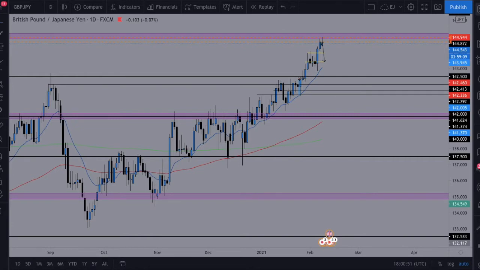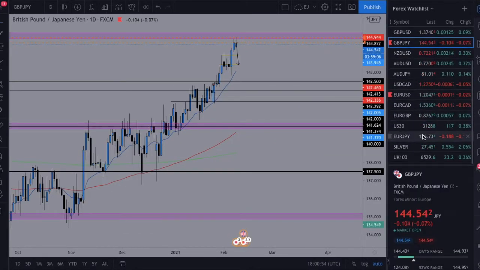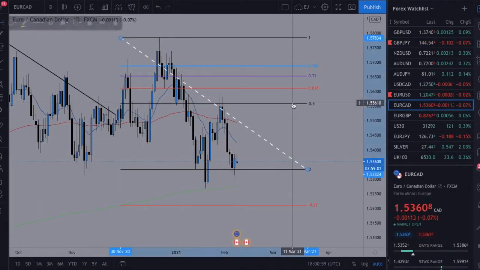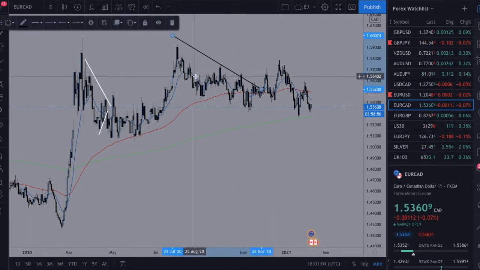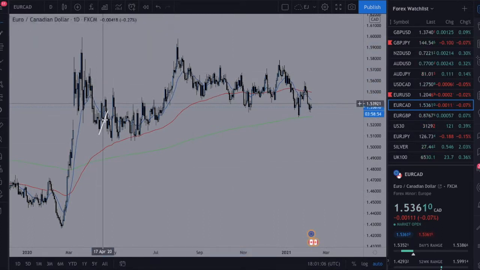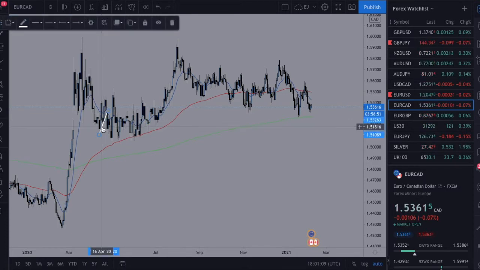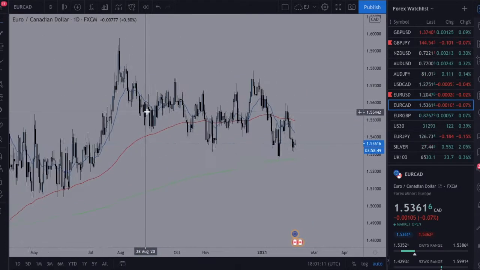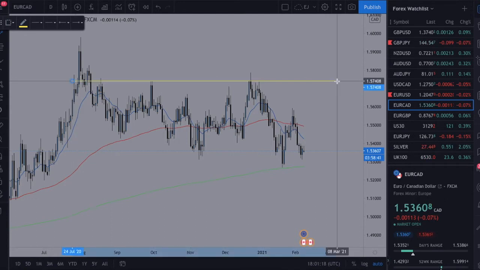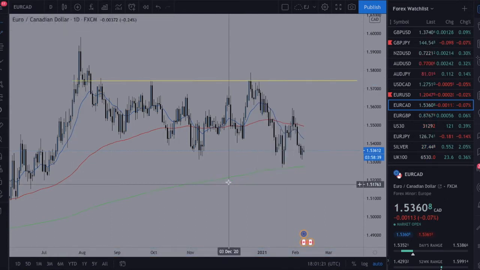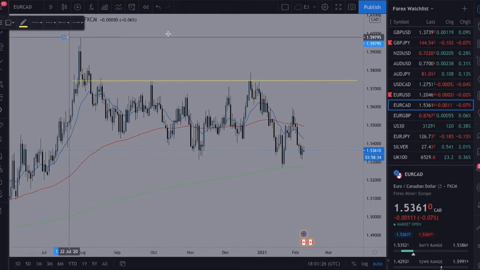So let's analyze a pair that I don't have any markings for. Let's see Euro CAD. Support and resistance on the daily time frame, this is the big picture. Let me just identify this one. There's one, and this is the top one right here.